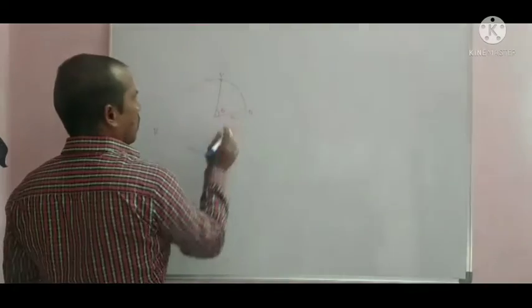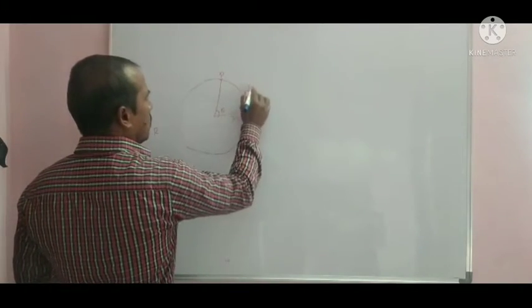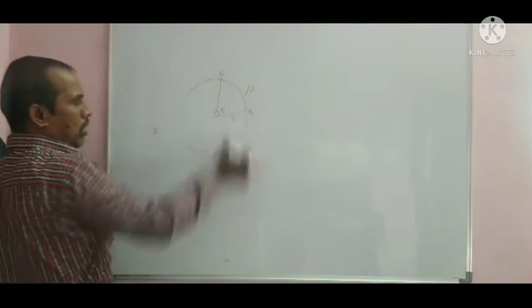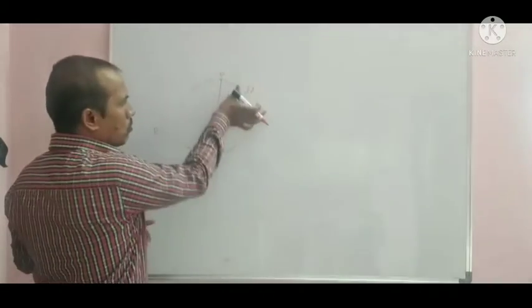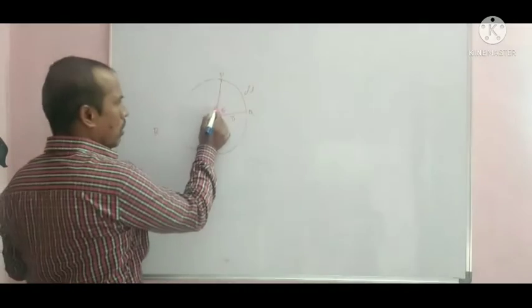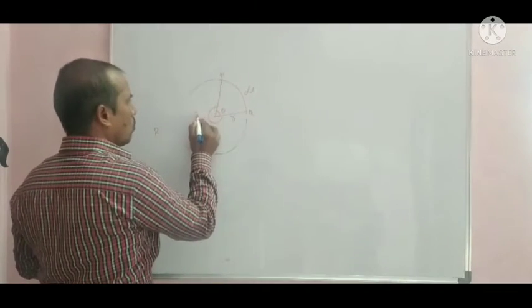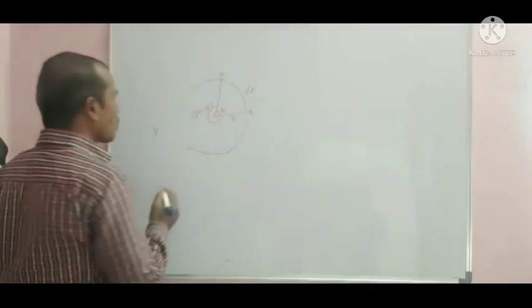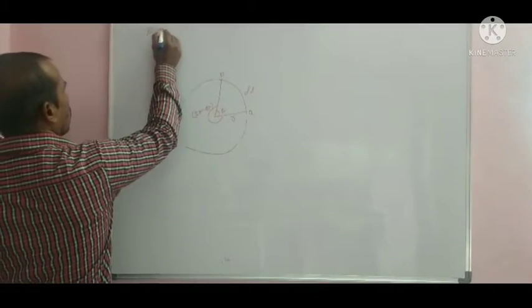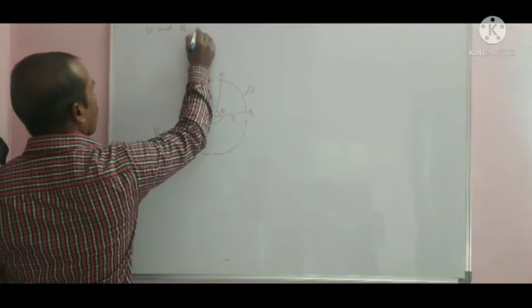This is angle theta. This is a dl element, a small portion of the ring between P and Q. The remaining part is 2 pi minus theta.